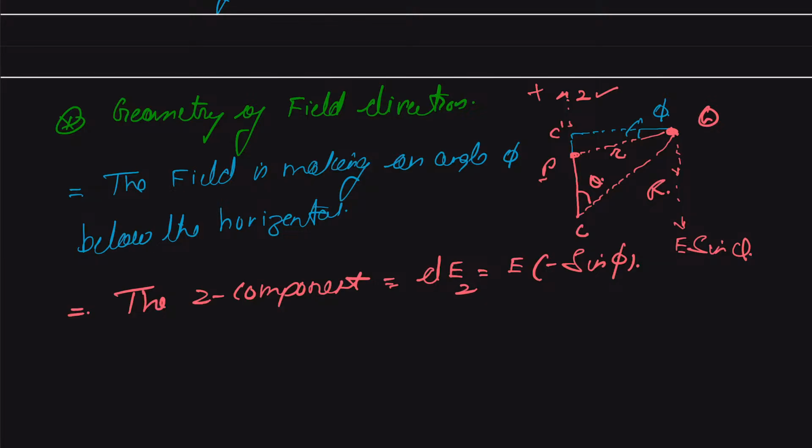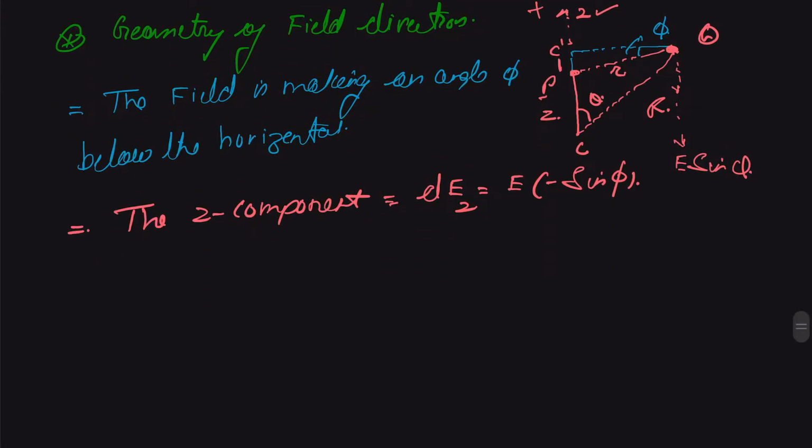We can say that PC was our z, and therefore we can easily find this PC prime. We can say that PC prime will be equal to r cos theta minus z.